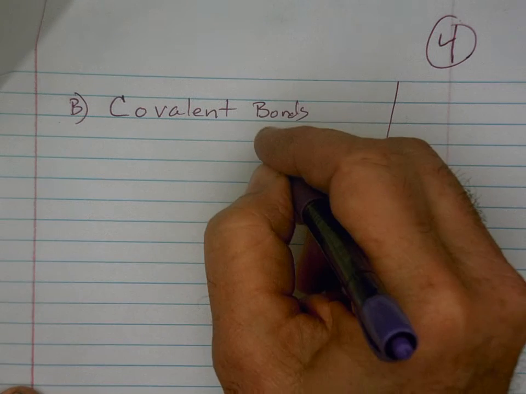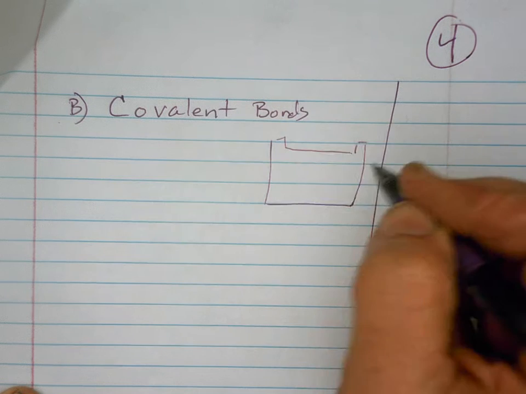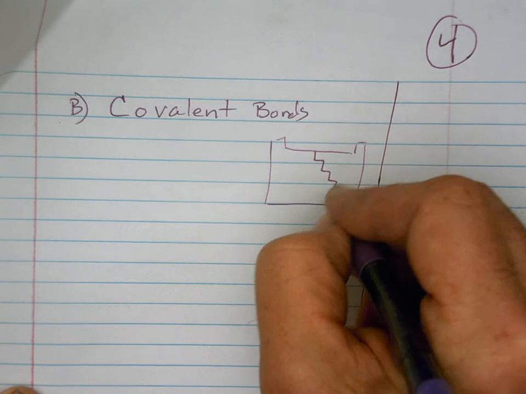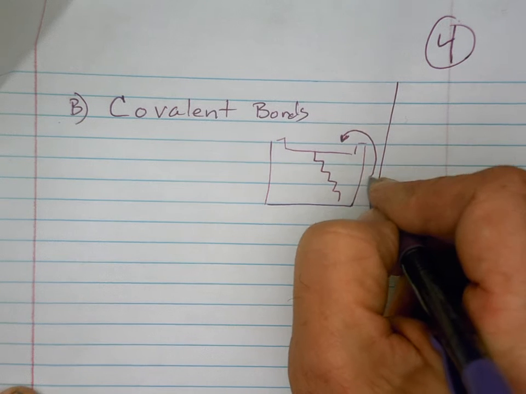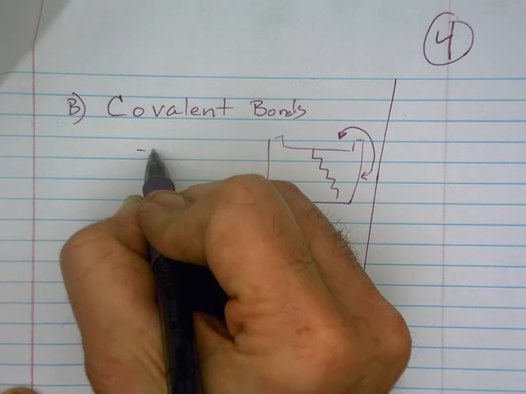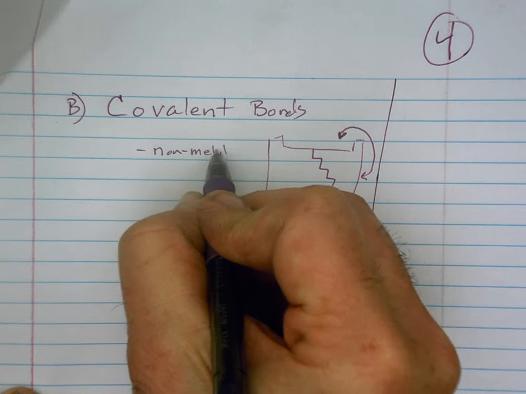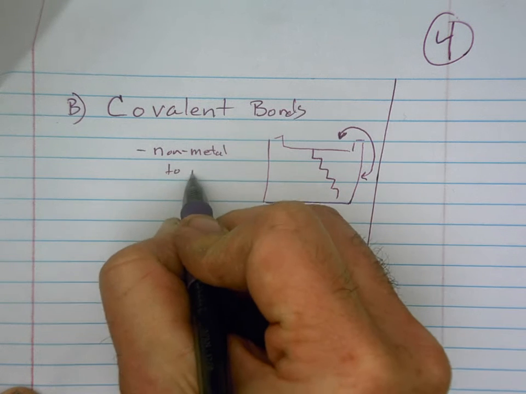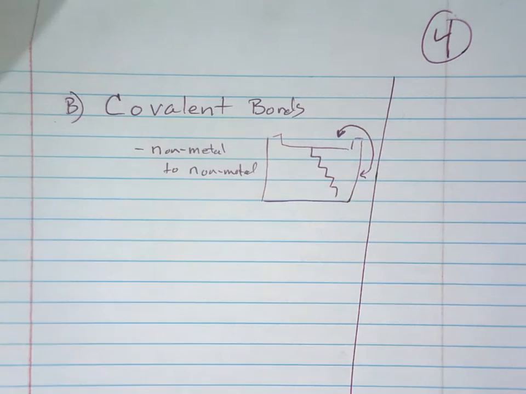Now, once again, with covalent bonding, we've already learned a couple definitions. When you've got nonmetals bonding to nonmetals, nonmetal to nonmetal, that's one definition.